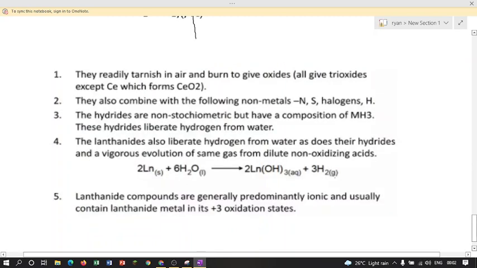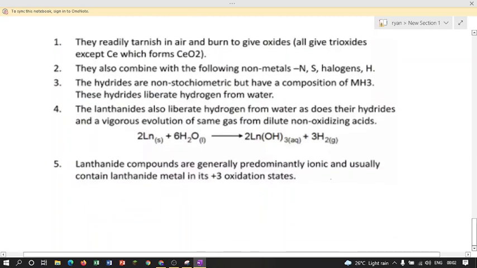Next are the chemical properties. The first point, they readily tarnish in air and burn to give oxides. All give trioxides except cerium.